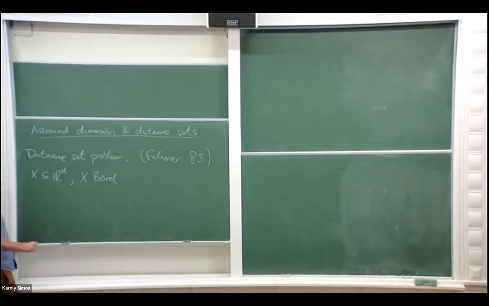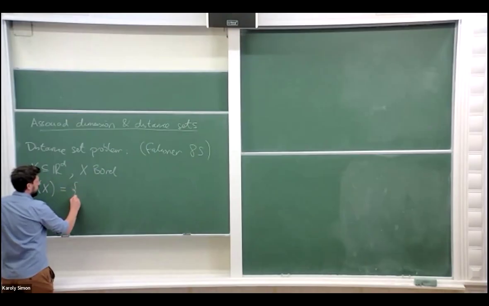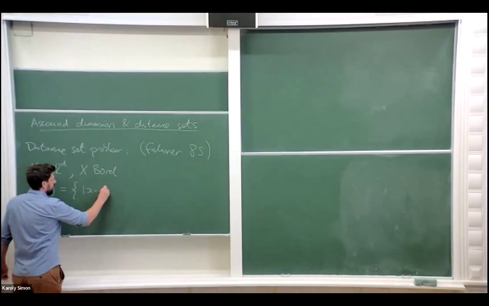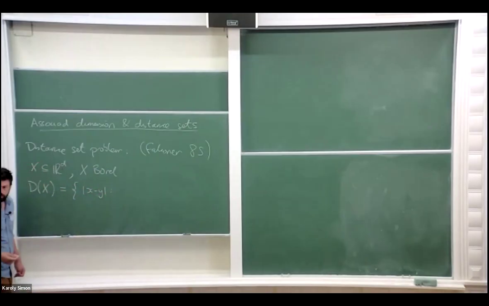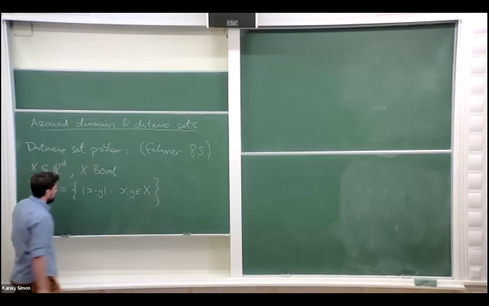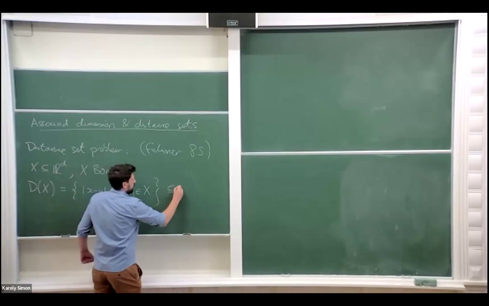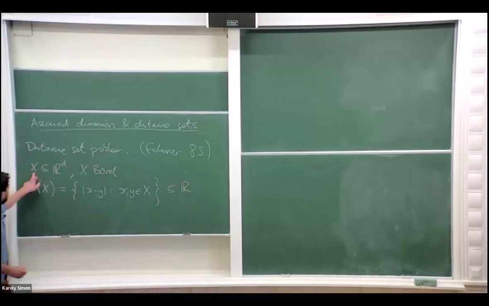And given this set X, I define a set D of X, which is the distance set associated to X, which is simply the set of all distances realized by pairs of points in the set X. So there's the definition. This is the distance set associated with my Borel set X. And this is a subset of the real line. So even though X lives in R^d, the distance set lives in the line.